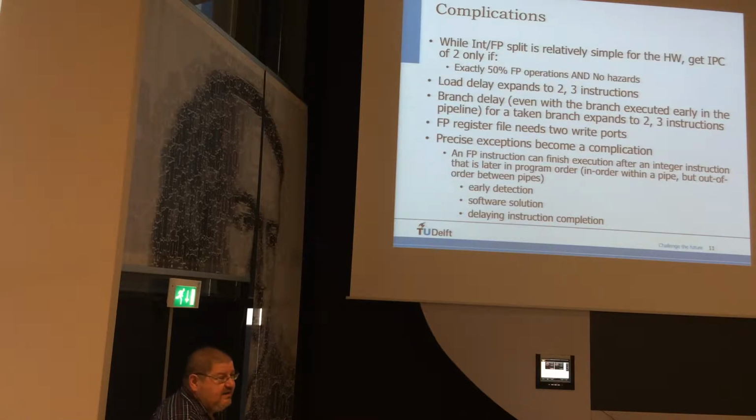I can do that only in an ideal case, when 50% of the instructions are integer and 50 are floating point, which no way. Then such a machine will not give you the big promise which it is making, except if you have certain special applications. Okay.